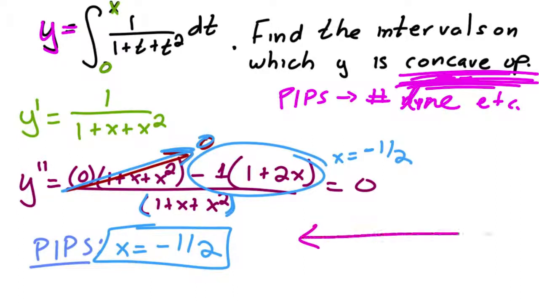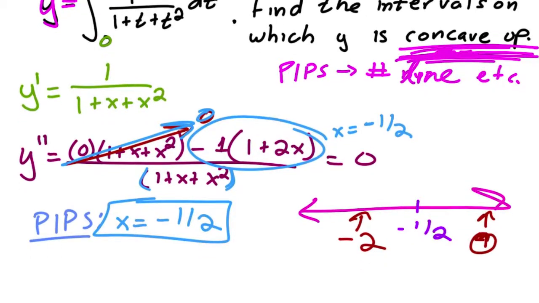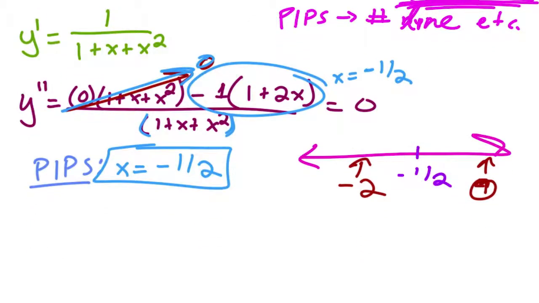Okay, so now I've got my number line, negative 1/2. And I'll test some points. How about negative 2? It's much easier to do 0, but let me start with negative 2. I'm going to plug it into the second derivative.